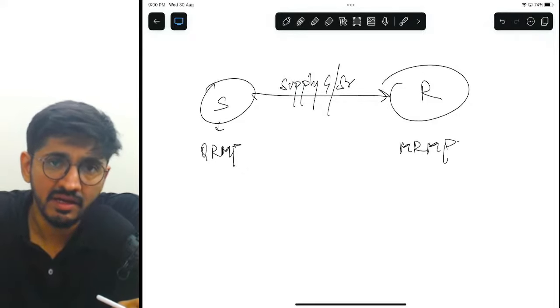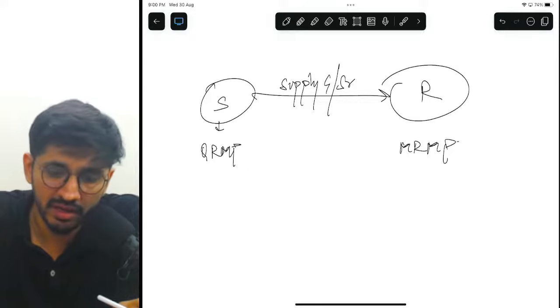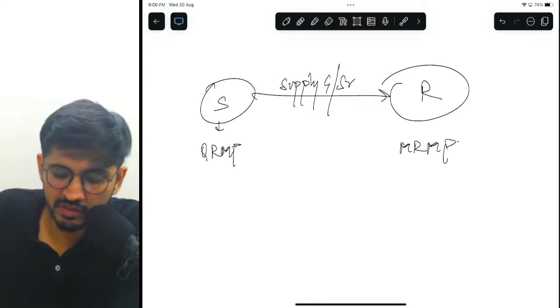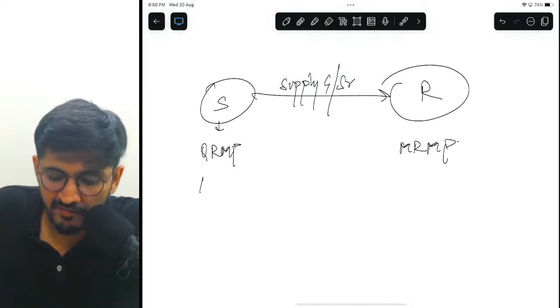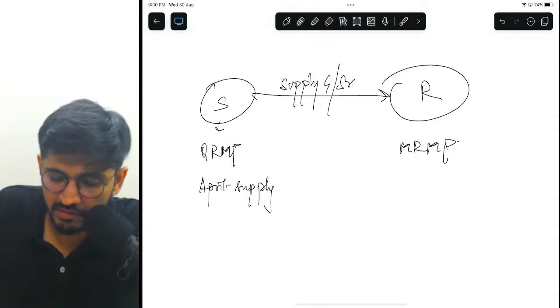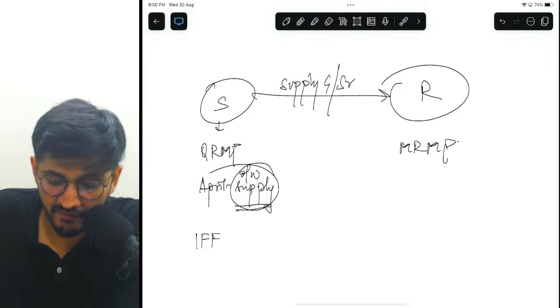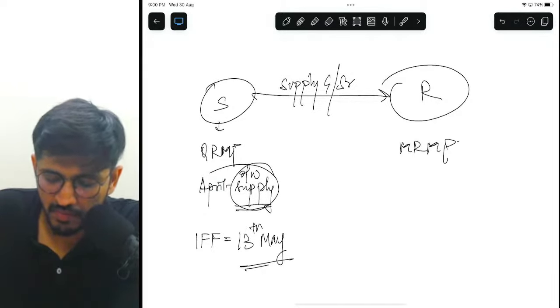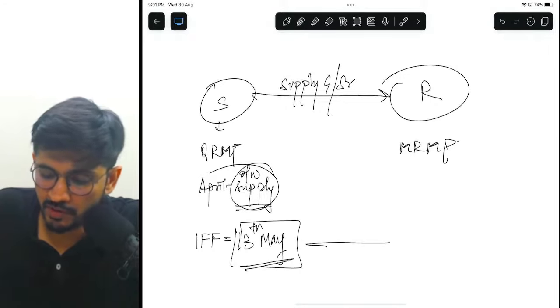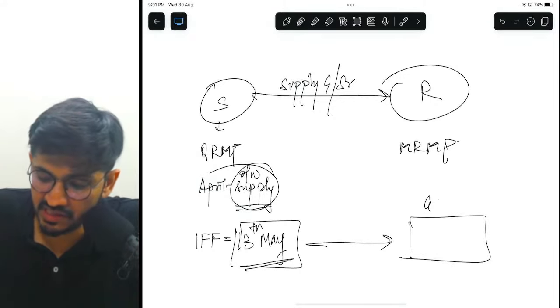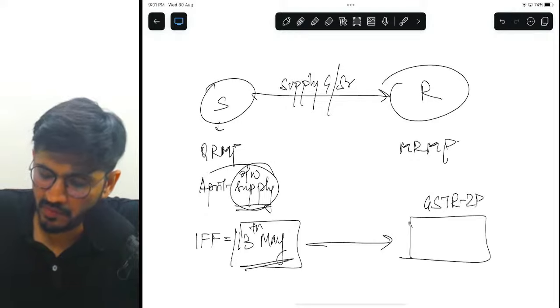He won't wait till June or July. So if any supply has been made in the month of April, he will make sure that the IFF is filed on the 13th of May, which will be reflected in the recipient's GSTR-2B on the 14th of May.